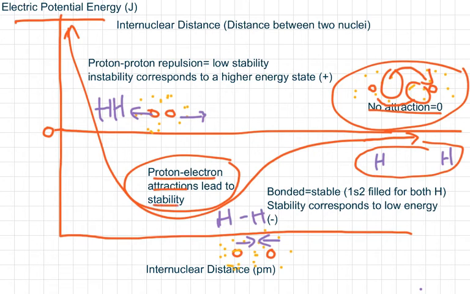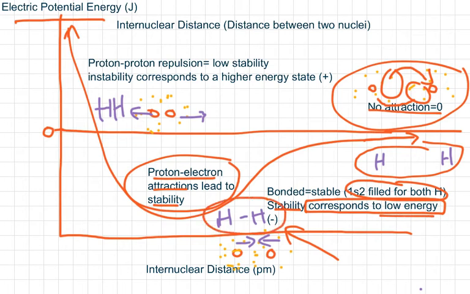And remember, when things are stable, they correspond to low energy. So for this example, the bonded HH atom is stable, first of all, because the 1s2 shells are both filled, and stability corresponds to low energy, which is why the energy of the bonded HH is less than the energy when they are separated, since when the two hydrogens are separated, they each have just one electron.